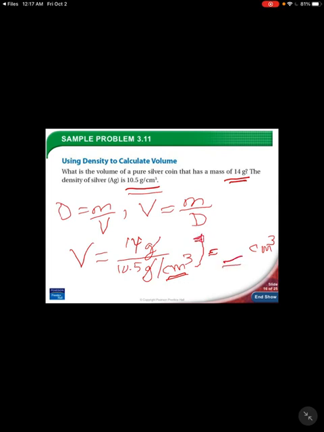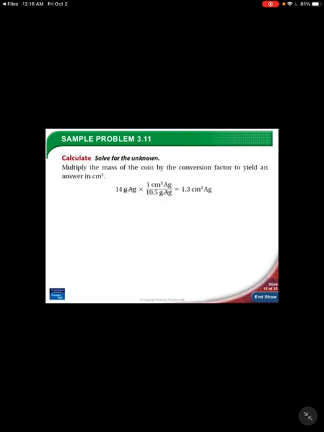So if you have a calculator, 14 divided by 10.5 will give you your numerical value, or I will just scroll ahead to that value. And here we have it, 14 grams times our conversion factor, our 10.5 grams of silver corresponds to 1 cubic centimeter of silver.